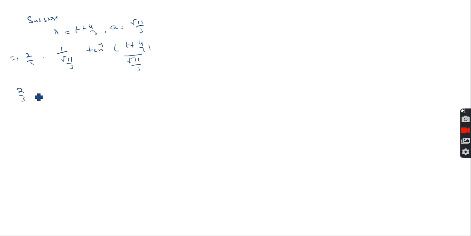So we get 2 by 3 into 3 by root 11 into tan inverse of 3t plus 4 by 3 by root 11 by 3.